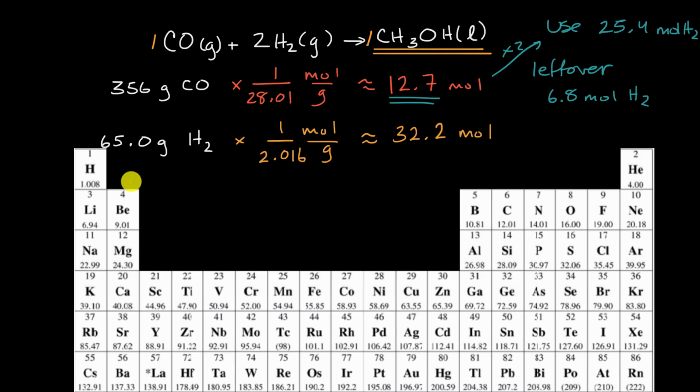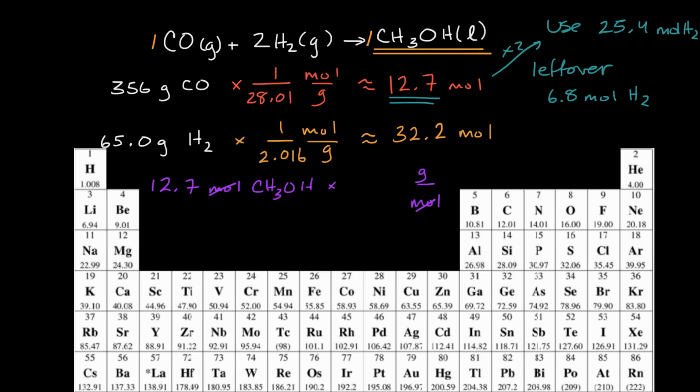And so let me write that here. So if I have 12.7 moles of methanol, CH3OH, how do I convert this to grams? We'll have to multiply this times a certain number of grams per mole so that we can cancel out the moles, or essentially the molar mass of methanol.